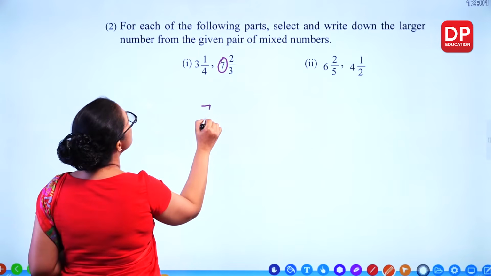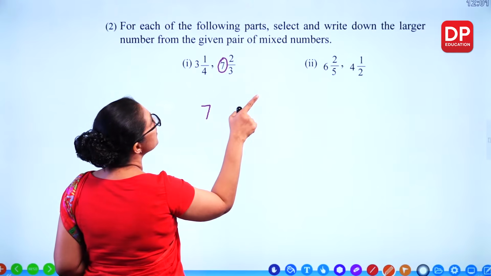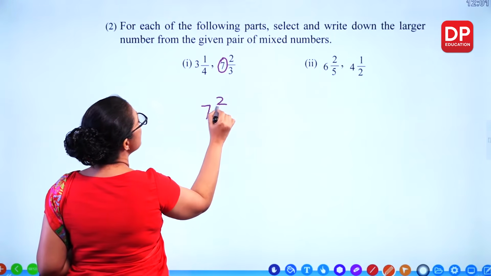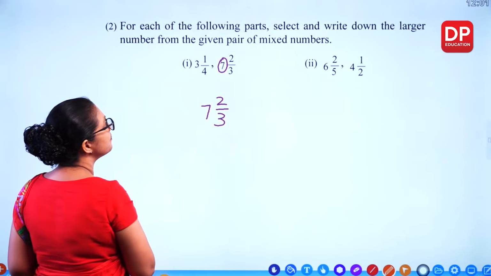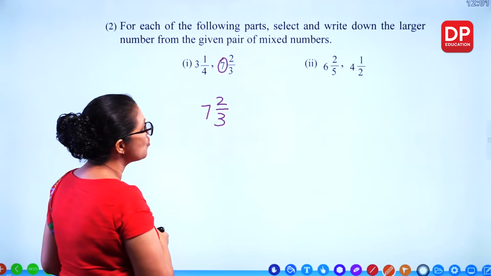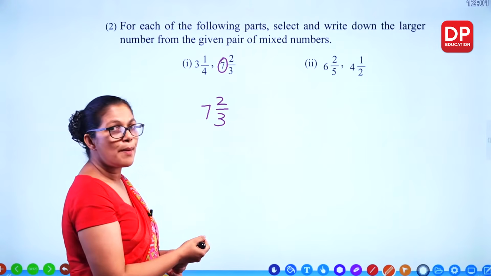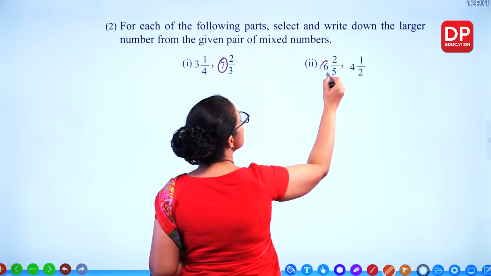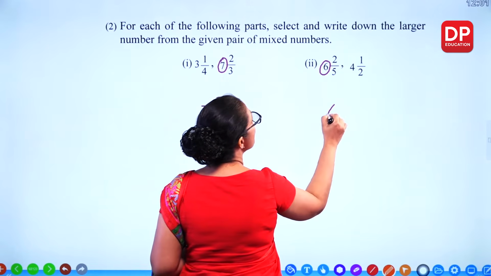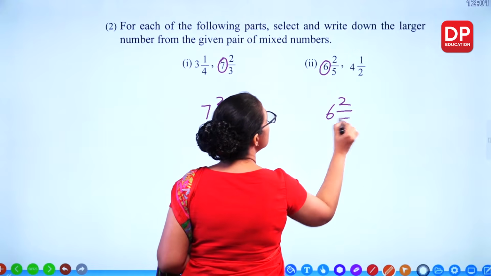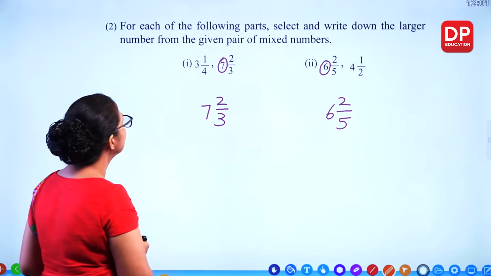So the largest one is 7 and 2/3. Compare these two, 6 and 4, whole numbers. 6 is bigger. 6 and 2/5 is the larger number.